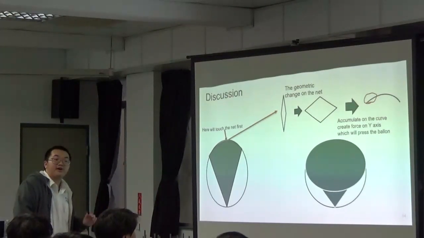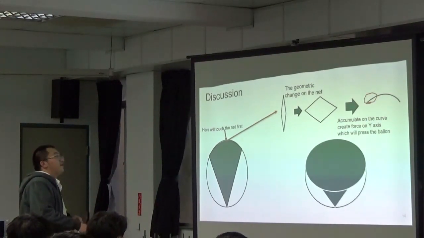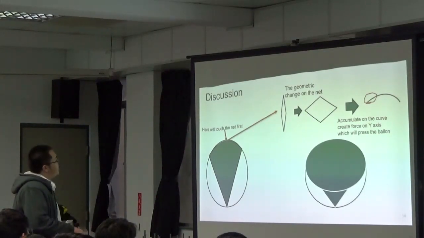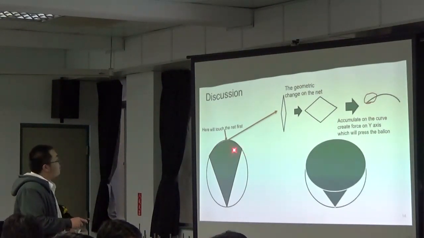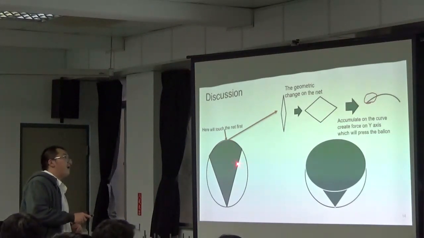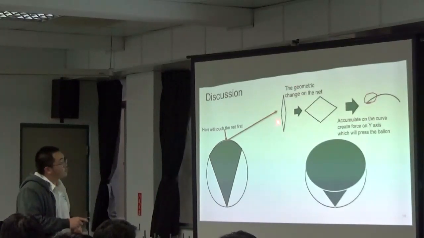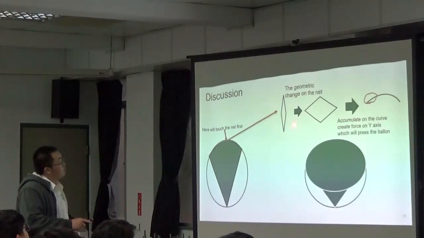Now about the geometrical part of the balloons. Because the neck itself is cylindrical, when the balloon is inflated, it will firstly touch the above part here. If we look at the geometrical structure of the neck, firstly it will look like this.